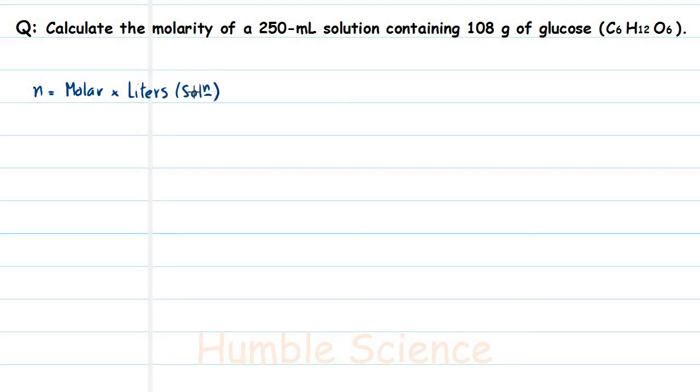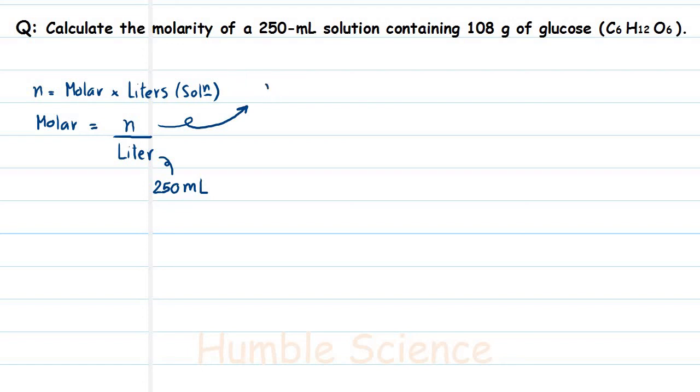So molar is going to be equal to n, which is mole, divided by liters. And liters, it gives us 250 milliliters, but mole we don't know, but we can calculate it.